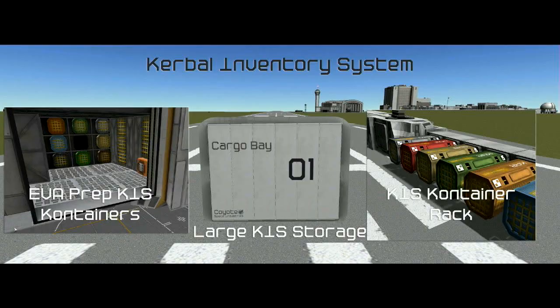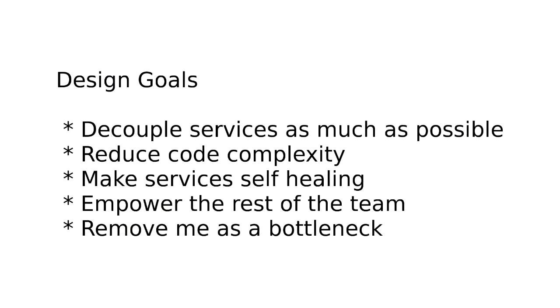But there was a solution, and it obviously involved containers. But more seriously, at this point in time, I'd had a bit more experience designing services, and I had some new ideas in mind, and I mostly wanted to decouple everything. I didn't want this one overarching service.